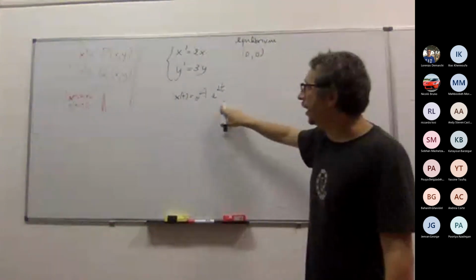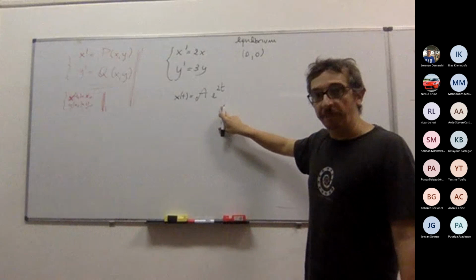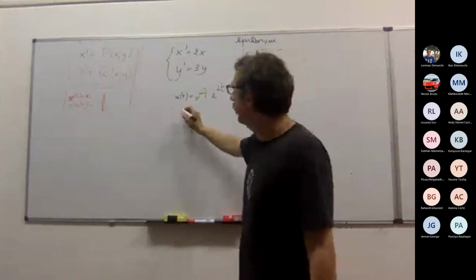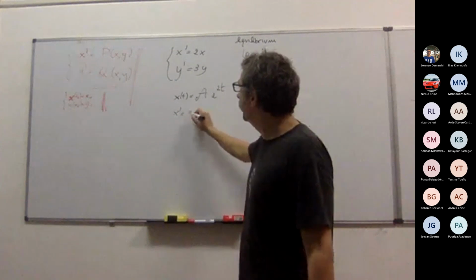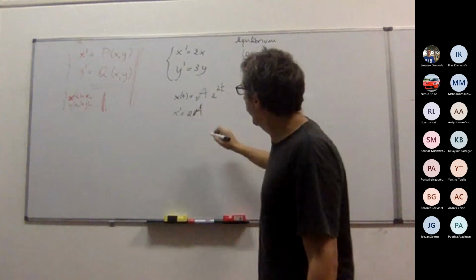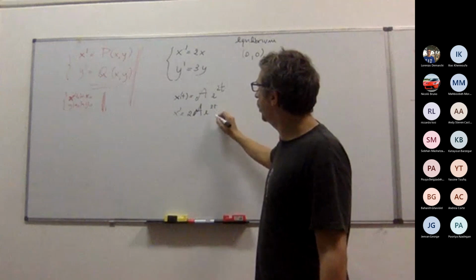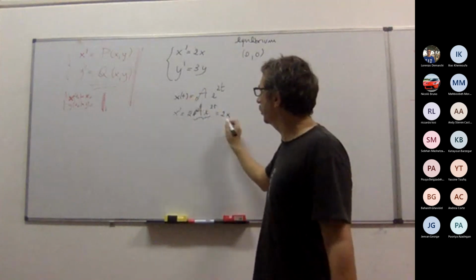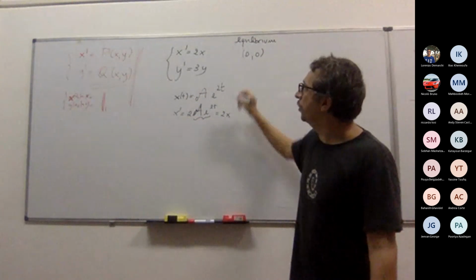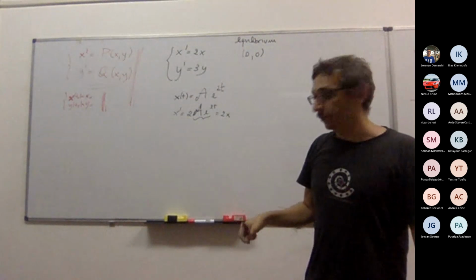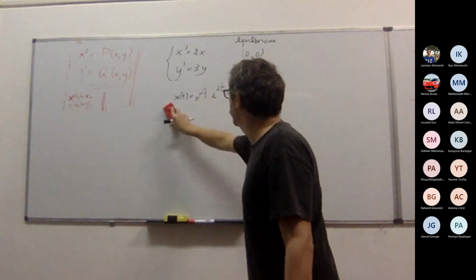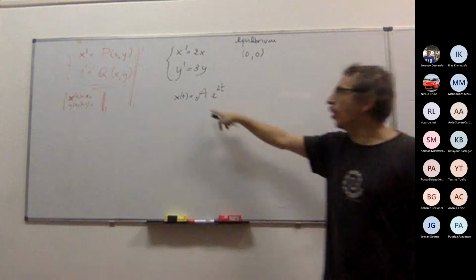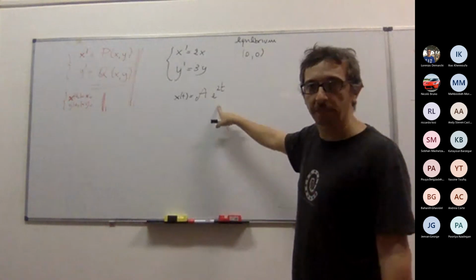But this equation can be solved by this object. In fact, if I'm taking the derivative of x with respect to t, x prime, this would be 2a times e to 2t, which is equal to 2 times this object, which is x, so 2x. X prime equal to 2x, which is this equation here. So the solution to the first equation is x of t equal to some constant times the exponential of 2t.